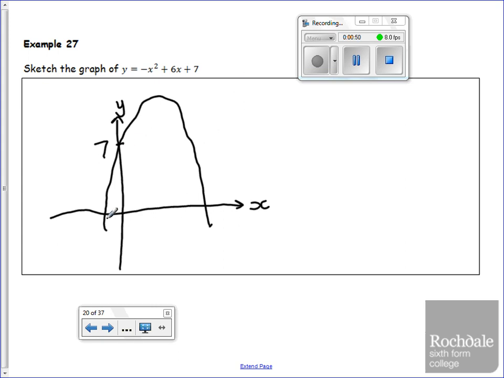We can work out where the graph crosses the x-axis by setting y equal to 0 and factorising.